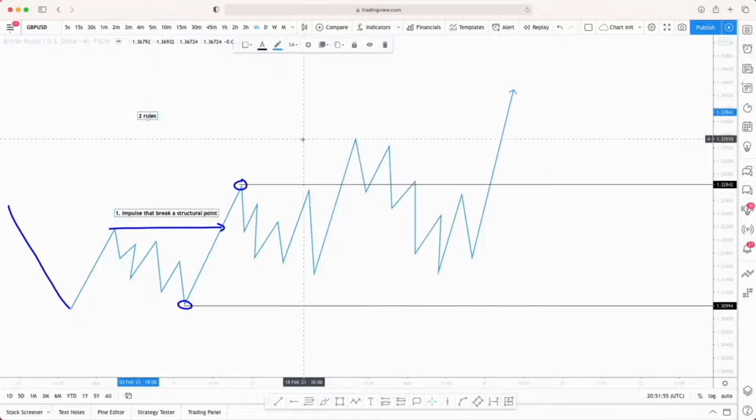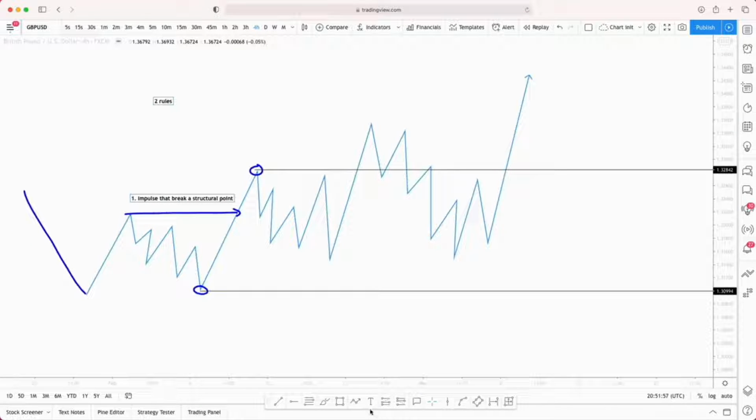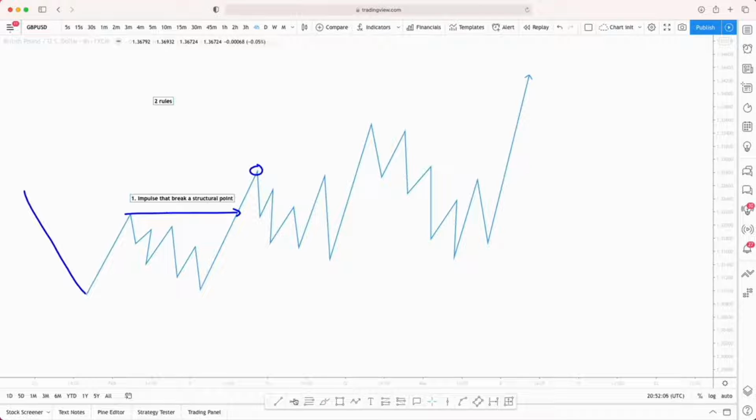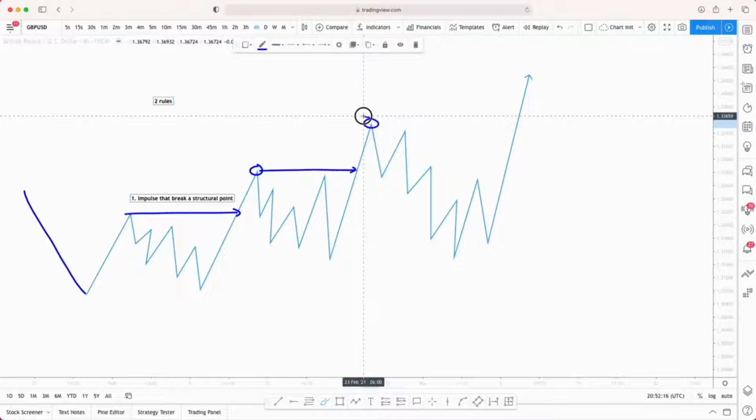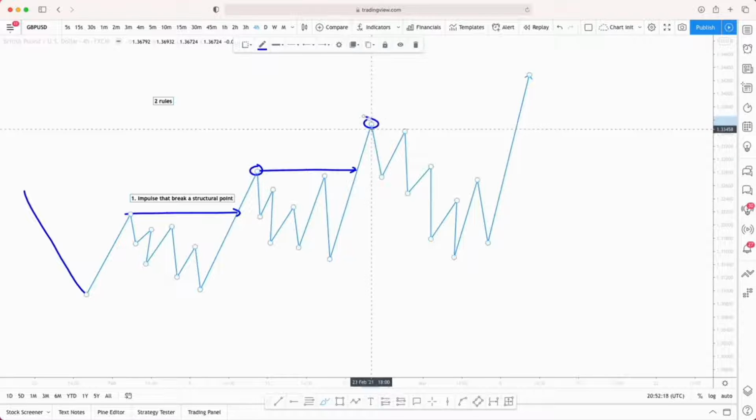Now, to confirm if price is going to be bullish, what we need is a break of this structural point. So let me get rid of these lines now. We need to have a break of this structural point. Now this break happens all the way here, and that is the break of the structural point. Where did that break originate from?